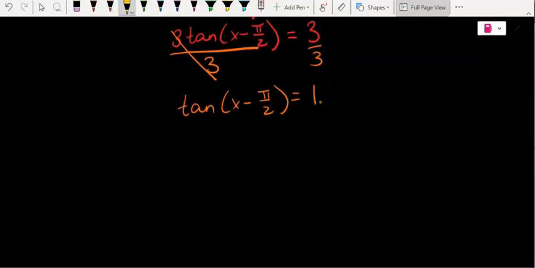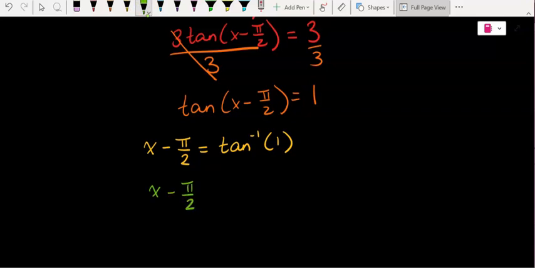So I'm going to pull out what I have inside the parentheses, x minus pi over 2, and now this is going to be equal to tangent inverse of 1. So the question here is, at what angle is tangent equal to 1? That's going to be at pi over 4. It's also going to be at 5 pi over 4.